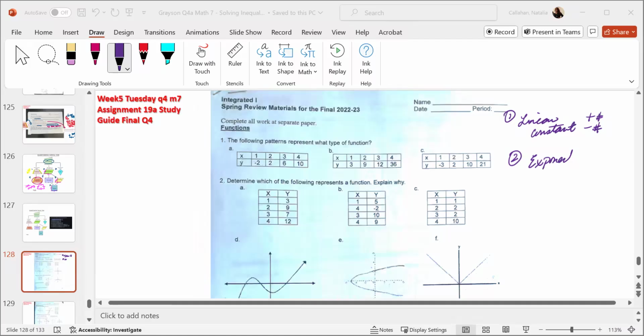Linear, exponential, what's the next one? I don't know. Exponential. So this one is when you have like a number, like a cube, right?